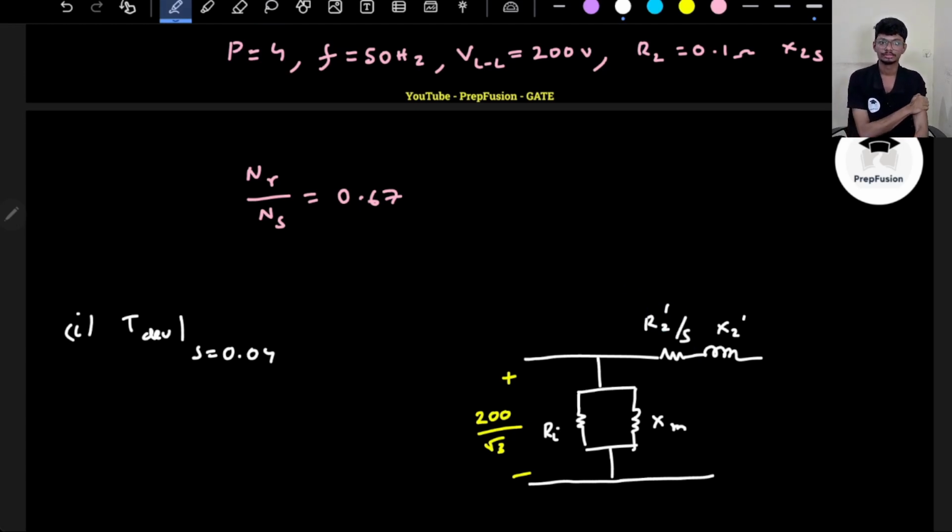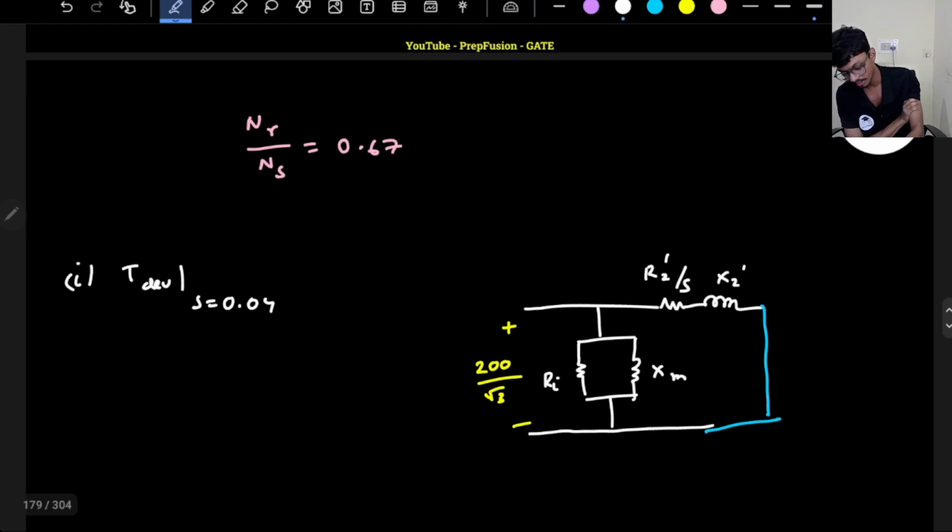Okay. And then the rotor, we short the rotor, right? So how do I find out the developed torque? For developed torque I have to find out the air gap power. What is Pg? Pg will be 3 into this current, whatever current is flowing, I2 dash whole square into R2 dash divided by S.